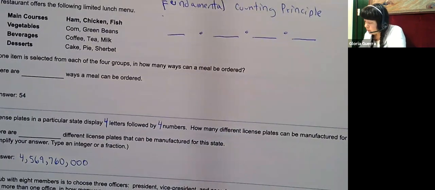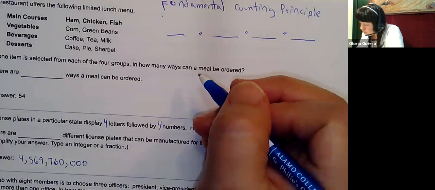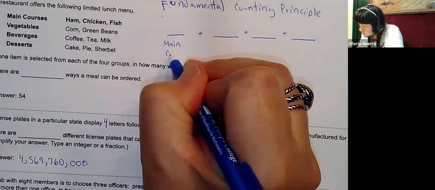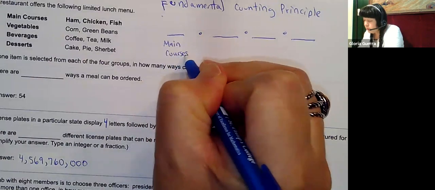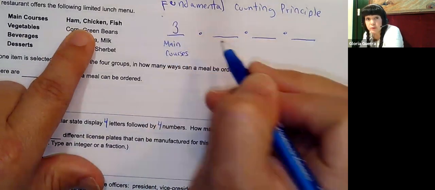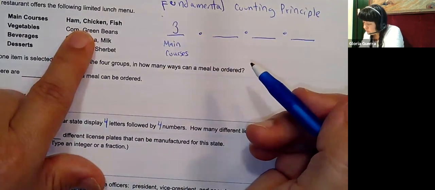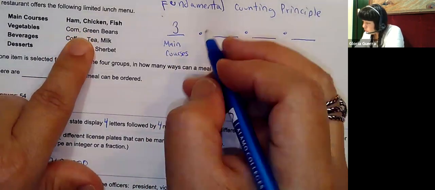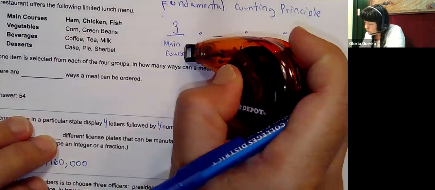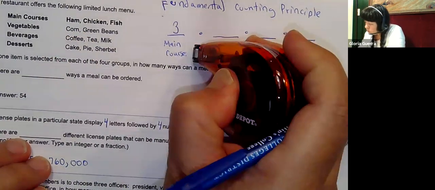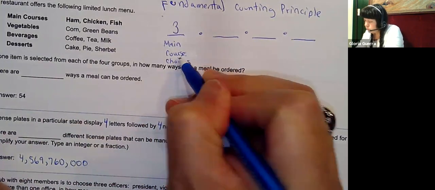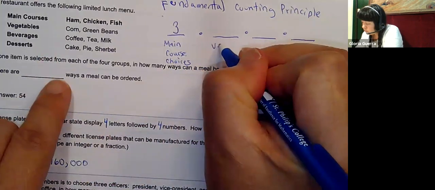Okay. And so the first one is the main courses. And notice how you have 3 choices, the ham, the chicken, and the fish. Okay, so I'm going to put 3 here, 3 choices. So I'm going to put main course choices. Okay, and then you have vegetables.